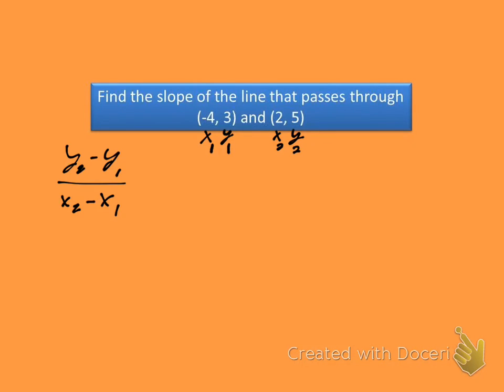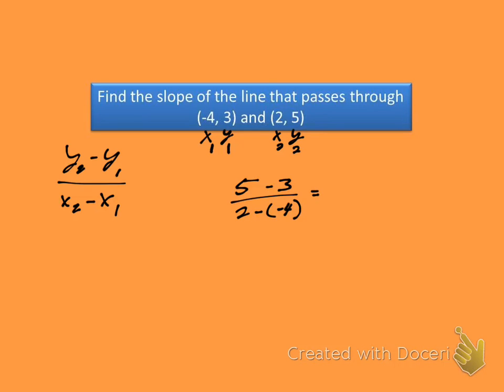After that, all you have to do is plug it in. So plug them all in. y2 is 5, y1 is 3, x2 is 2, minus x1 is negative 4.